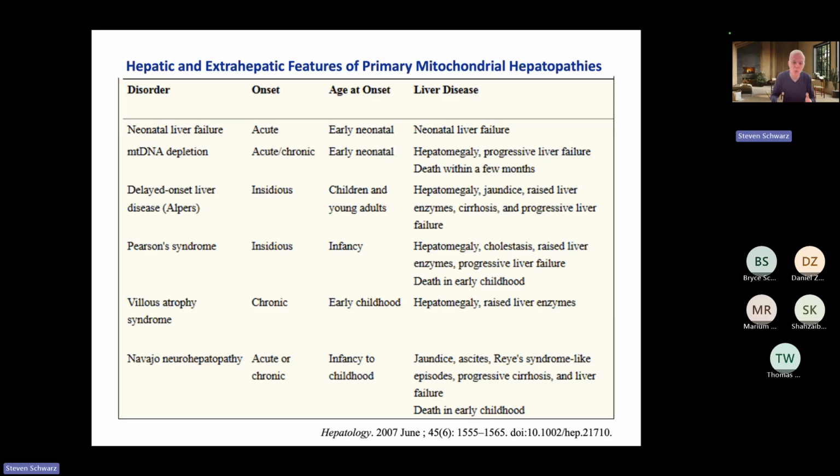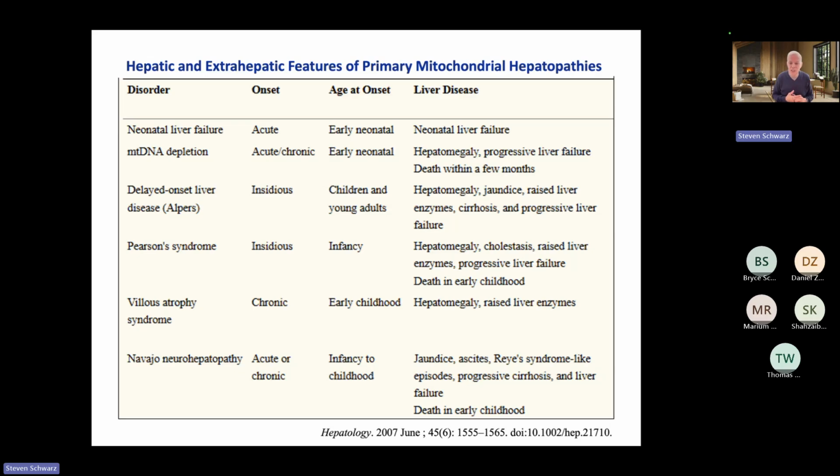Again, the most common one that we would see, I've only seen 1 or 2 cases in my career, is Alpers-Huttenlocher. The onset is insidious. This presents in children and young adults. And generally in the Alpers syndrome, it's a pure hepatopathy with hepatomegaly, jaundice, transaminasemia, cirrhosis, and progressive liver failure.